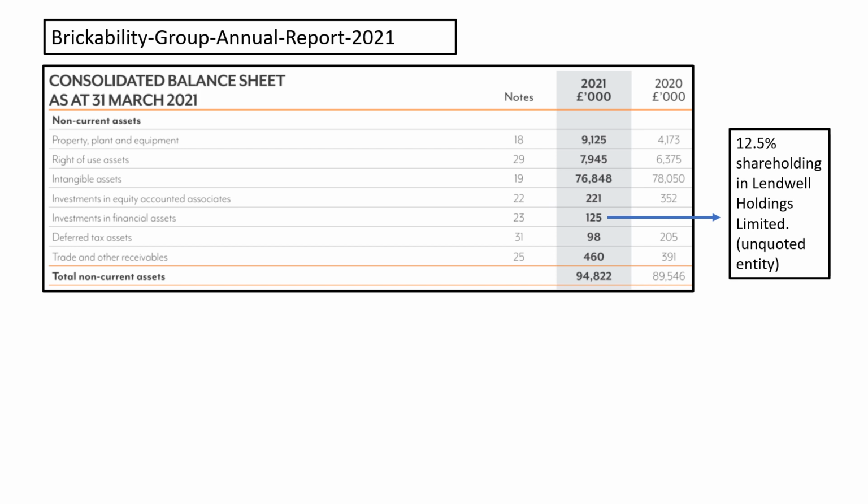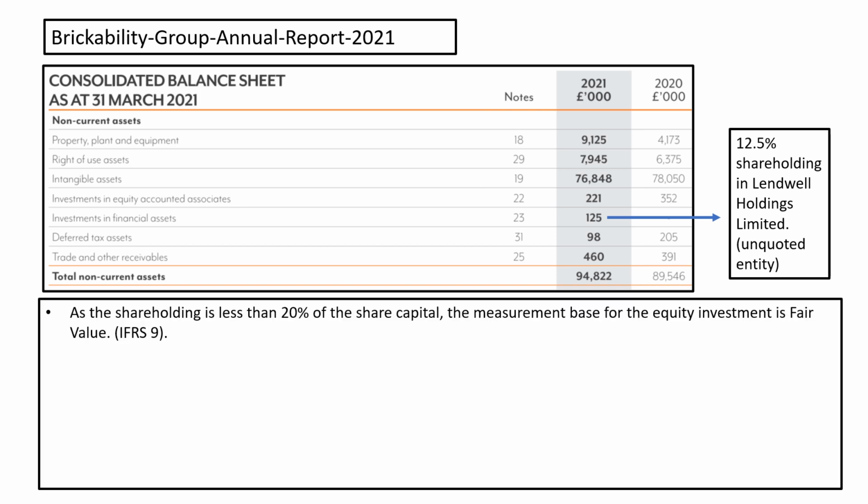As you can see, the passive investments, which I've highlighted by the blue arrow, are listed under non-current assets as investments in financial assets, and this represents a 12.5% shareholding in Lewandale Holdings Limited, which is an unquoted company. As the shareholding is less than 20% of the share capital, the measurement base for the equity investment is fair value.